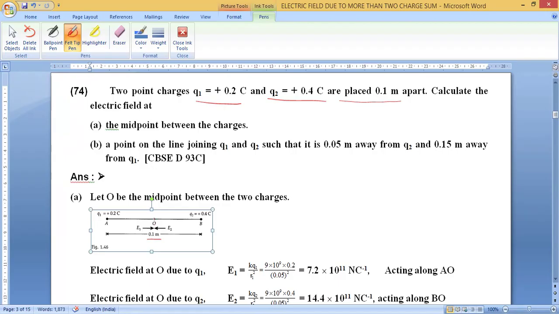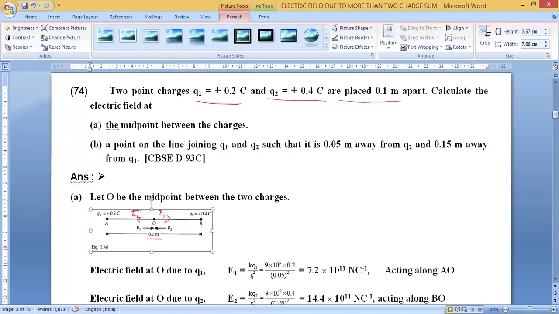Midpoint यहाँ पर find करना है, तो this charge is positive, electric field due to point q1 charge is in this direction, and this charge is also positive, then electric field due to q2 in this direction. तो resultant electric field at O, तो इसकी मैग्नीट्यूड ज्यादा है और इसकी मैग्नीट्यूड कम है, तो रिजल्टेंट इलेक्ट्रिक फील्ड E is equal to E2 minus E1.